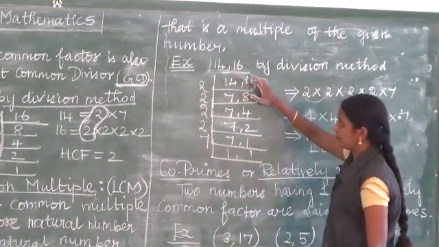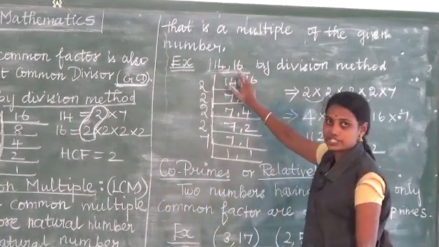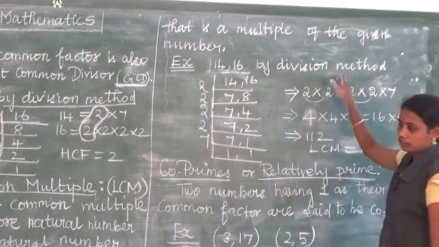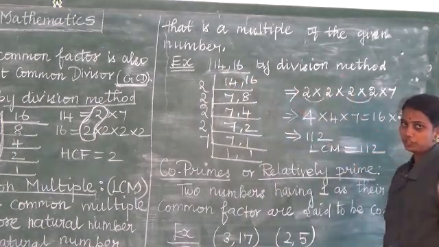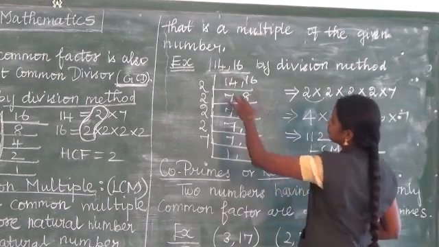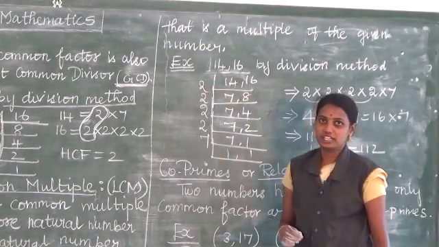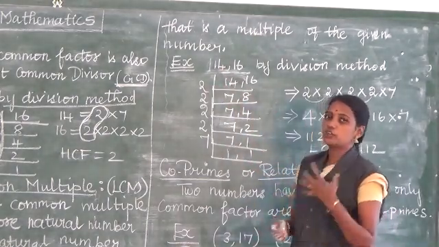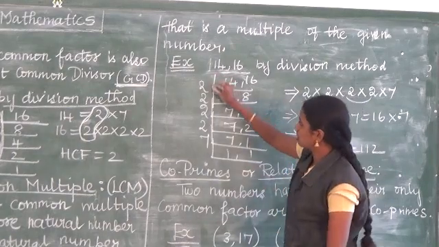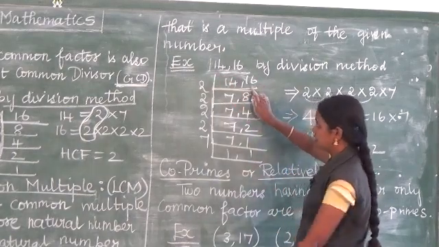Now the example, 14 and 16 by the division method. Already I said we are going to follow this method. LCM means go for together, it is very easy. Okay, 14 and 16, listen to me.